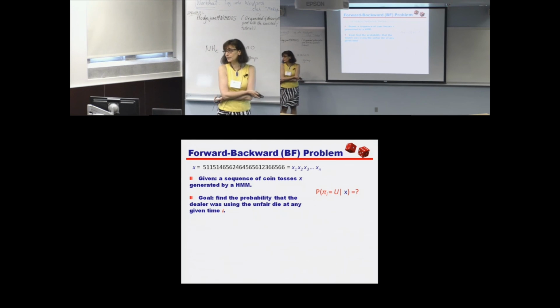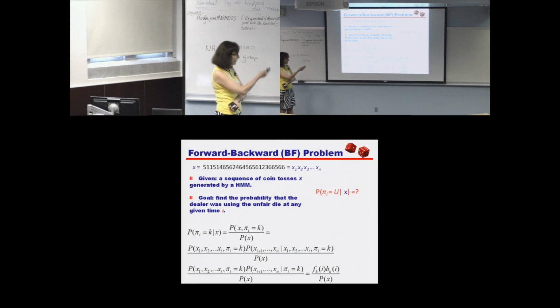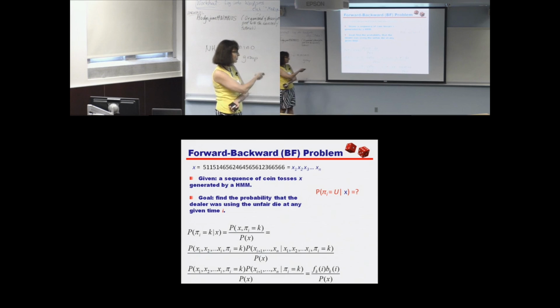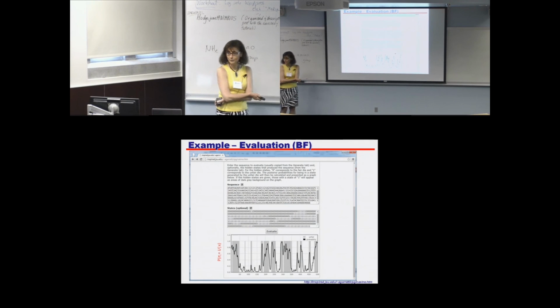Given the full observed sequence, I pick a spot and say, given that whole information, I want to know the probability that I've used the unfair die to generate this one. And you can calculate that with another dynamic programming method. We can talk more about this on Friday. The derivations are in the chapter that you'll download.